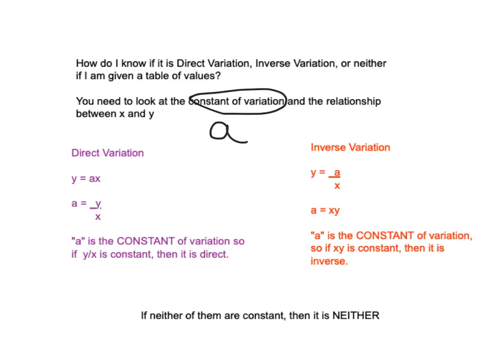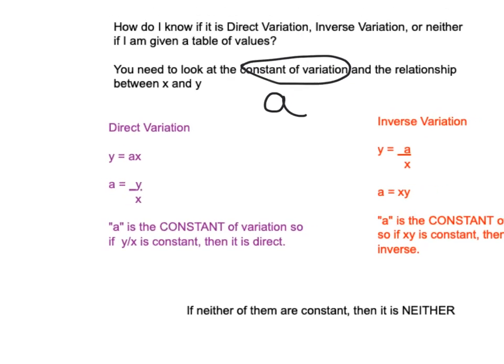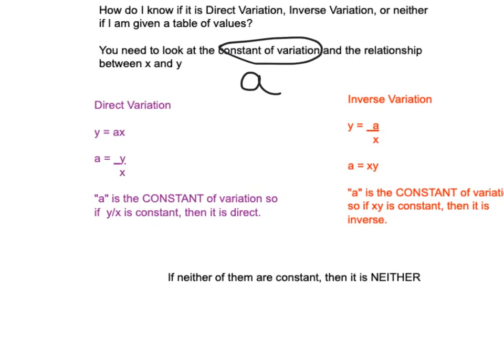In this case, we want to get x and y on the same side of the equation. We want to solve for a, that value that's comparing your x and your y. If it's direct variation, remember that's y equals a times x. I'm just going to divide both sides by x, so I get a equals y divided by x.